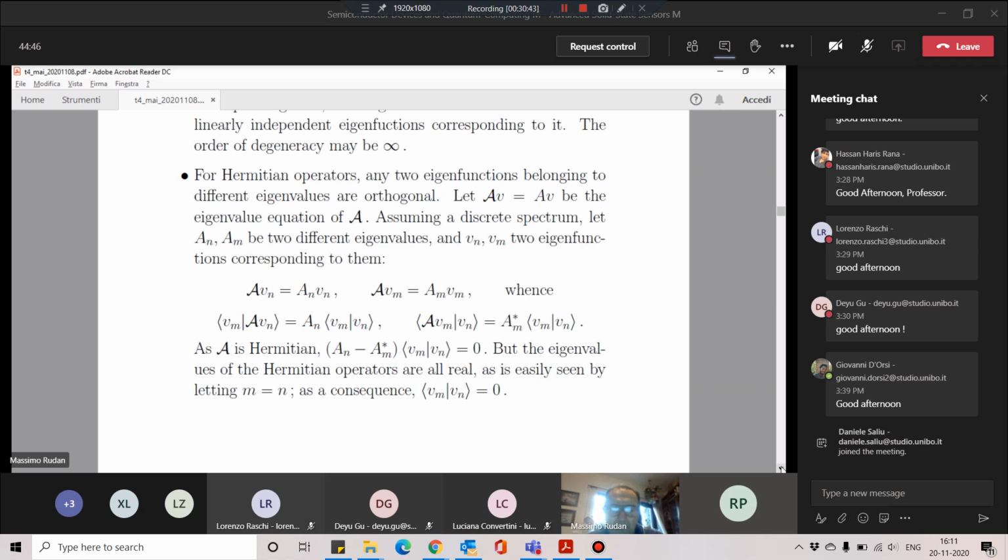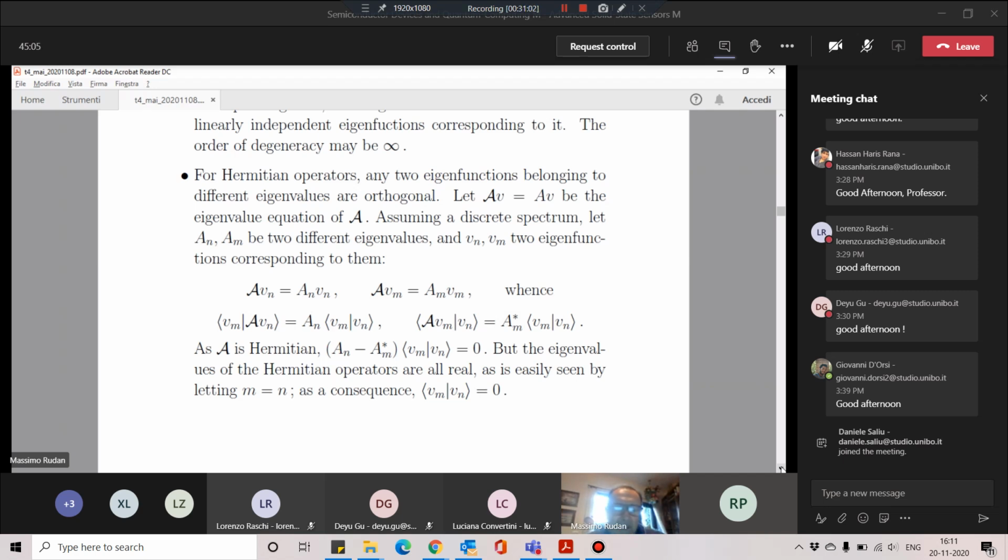And similarly, operator A applied to Vm must be equal to the corresponding eigenvalue Am multiplying Vm, okay?